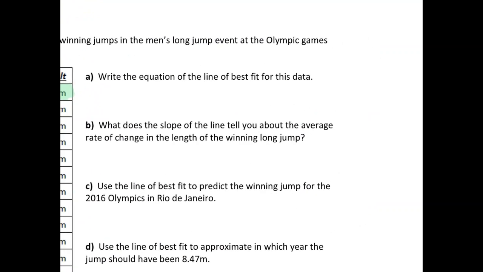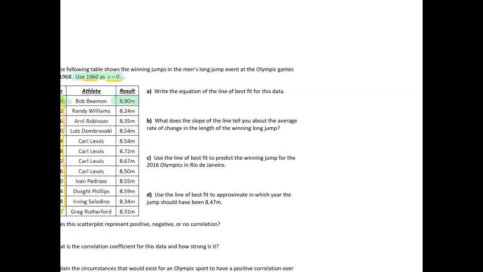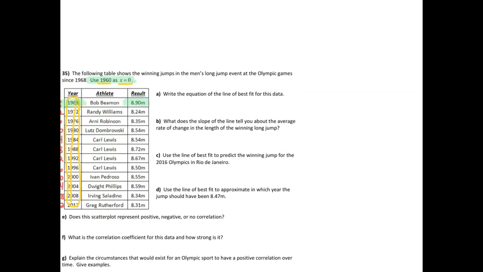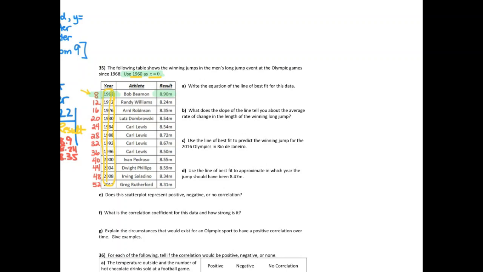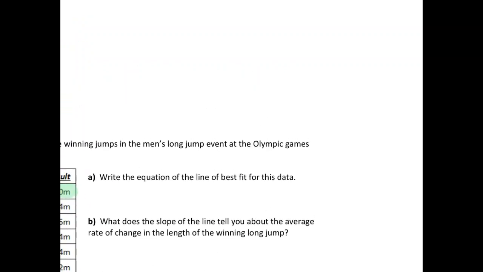But before we do that, we want to remember that we're also eventually going to talk about the correlation coefficient. If you look down a little bit farther, it asks about the correlation coefficient. So while we're computing the equation of the line of best fit, we also want to turn on the diagnostics.